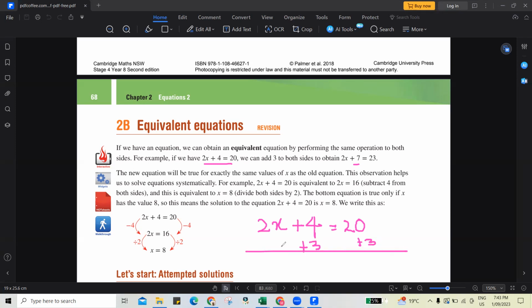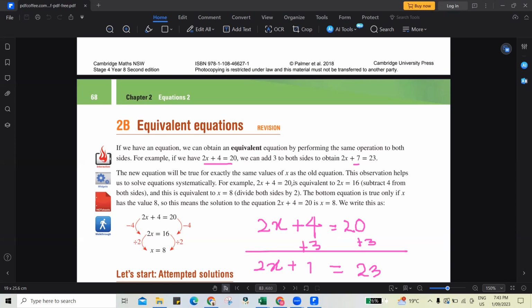What will happen? 2x plus 7 equals 23. It's still the same because we are adding the same number to both sides. The new equation will have exactly the same value of x. 2x plus 4 equals 20 is the same as 2x plus 7 equals 23.